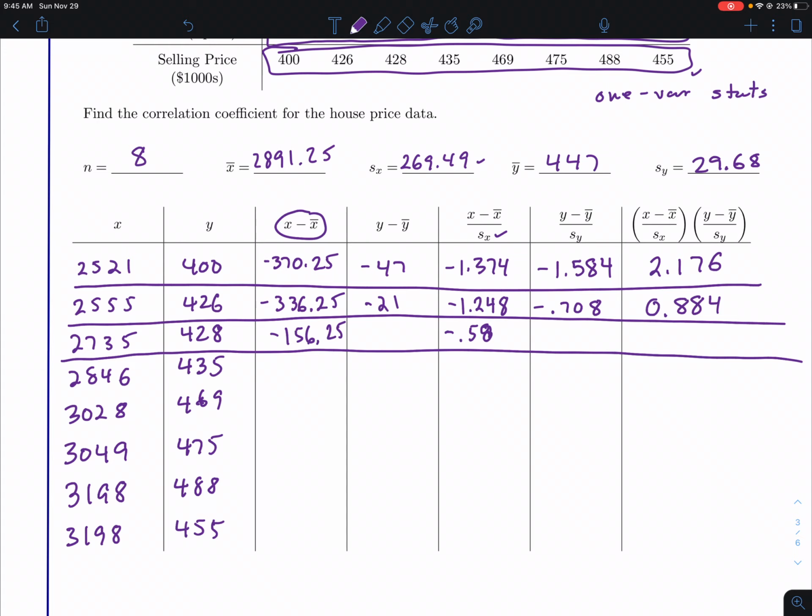Now the Y's: 428 minus 447 gives us negative 19. Divide that by 29.68 and we get negative 0.640. Multiply these two together, negative 0.58 times negative 0.64 gives us 0.371. We'll just keep going at this point.